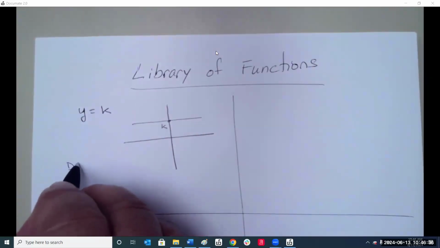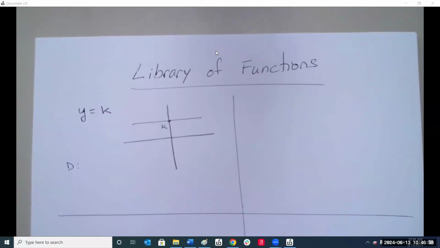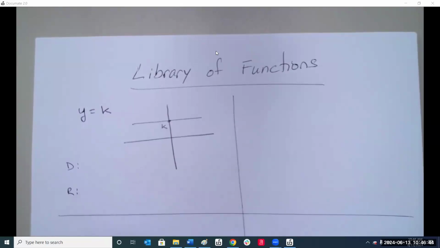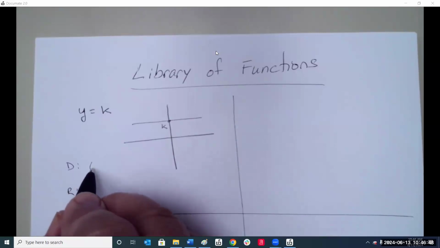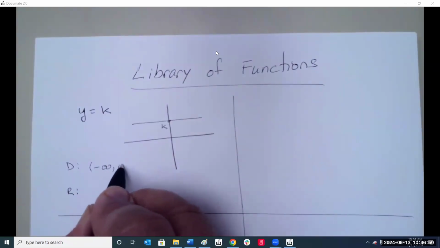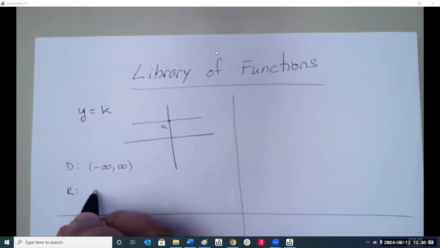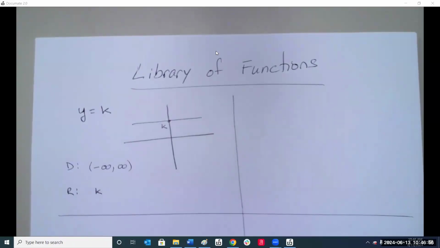What's the domain? And what's the range? Yeah, the domain is all real numbers, and the range is simply k, whatever the constant number is.